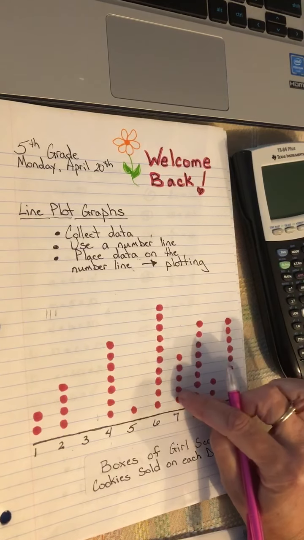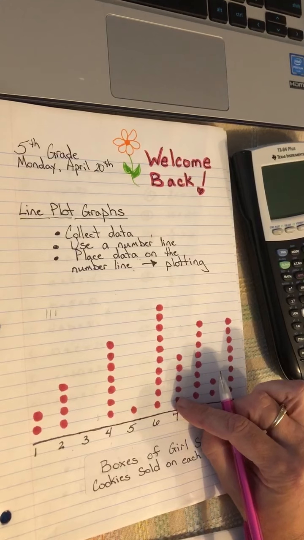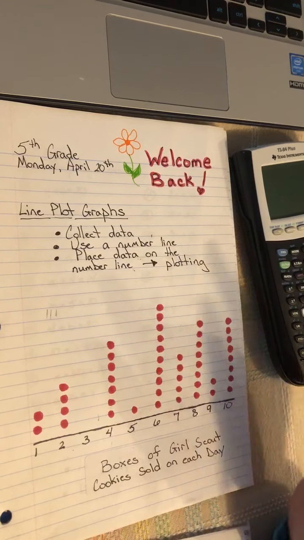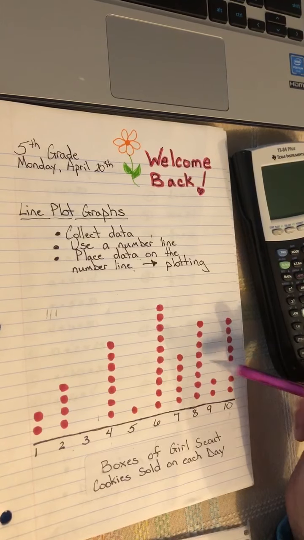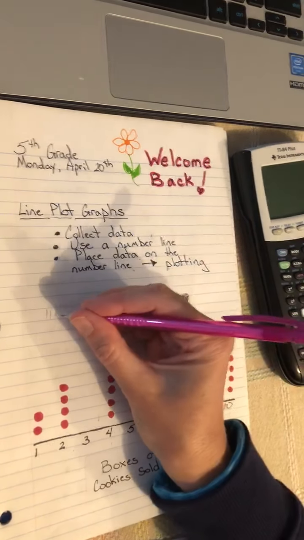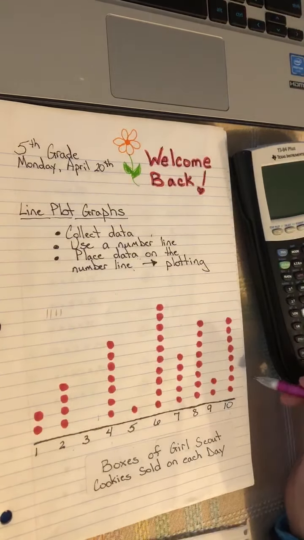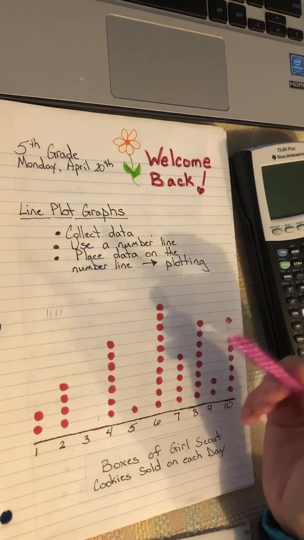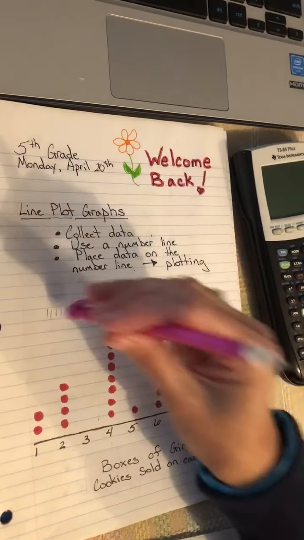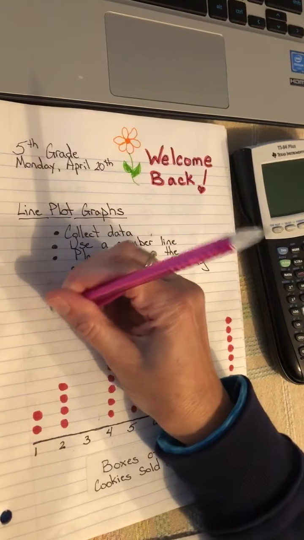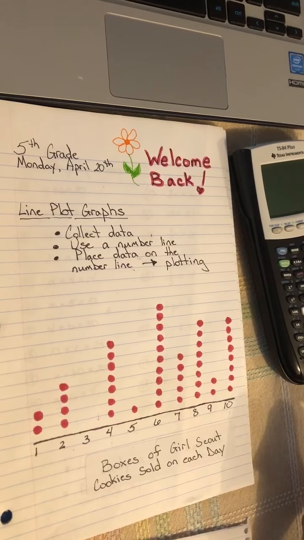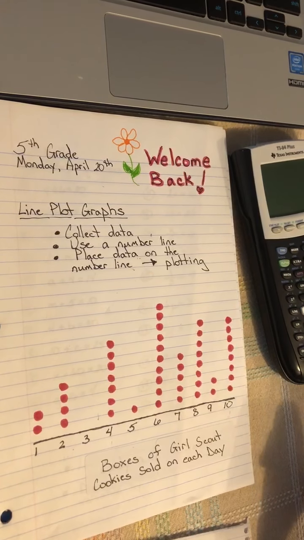Okay, day 7, they sold 5 boxes, but the question is fewer than 5, so we cannot include that. Day 8, they sold too many. Day 9, we can include. And day 10, they sold too many. So the answer would be 4 days that they sold fewer than 5. All right, so you got to watch how the question is worded on the problem, okay?